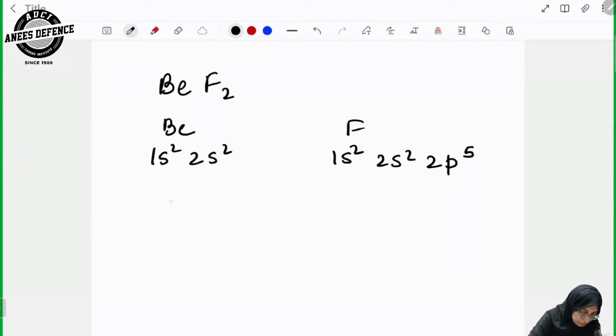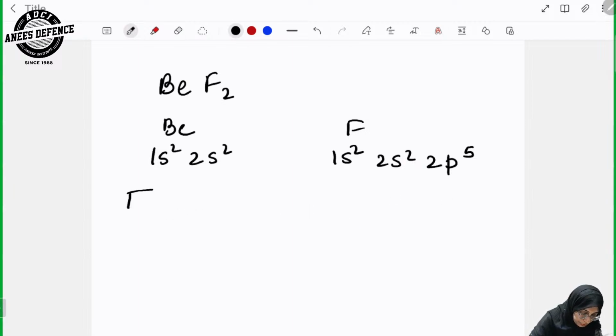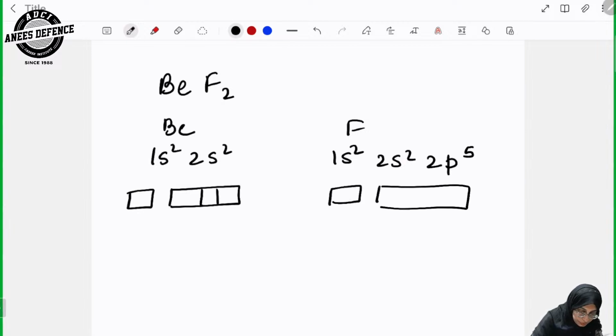So the configuration: beryllium has 2s2 and 2p0, no electrons in the p.